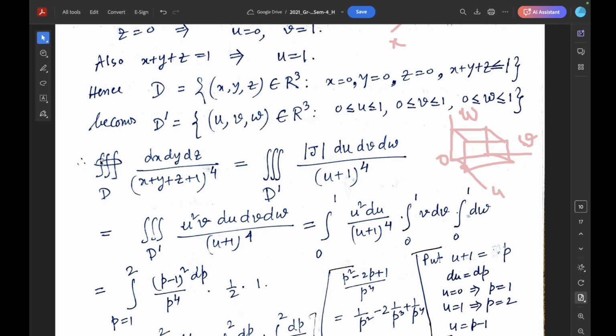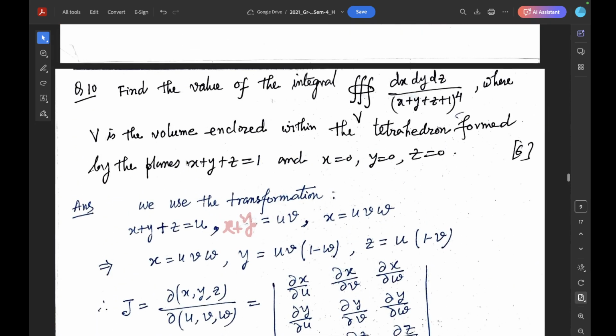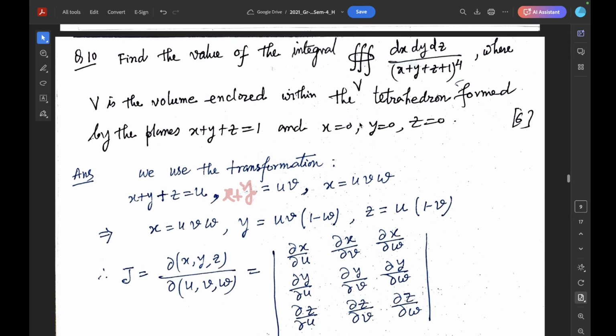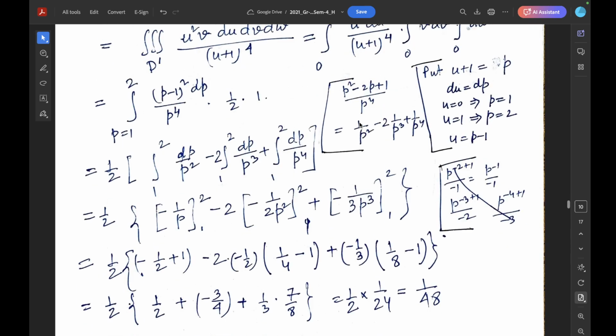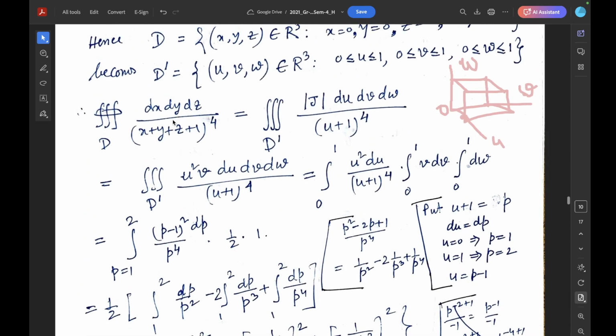So this is a closed volume integration over D. Actually, D or V in this question is V, so we use the notation D here. You can change this V to V dash, so accordingly change V and this V dash.